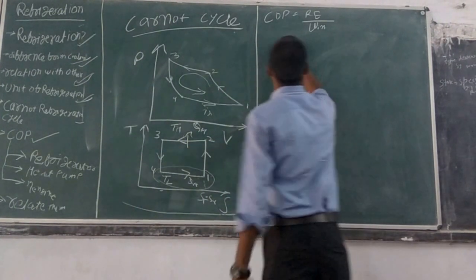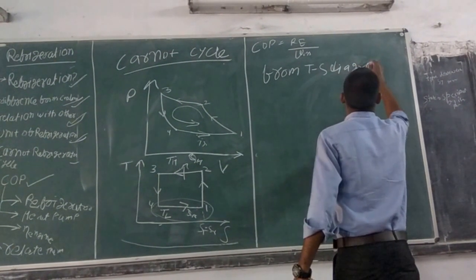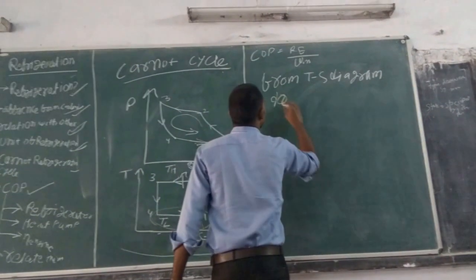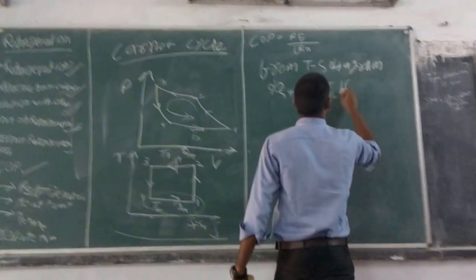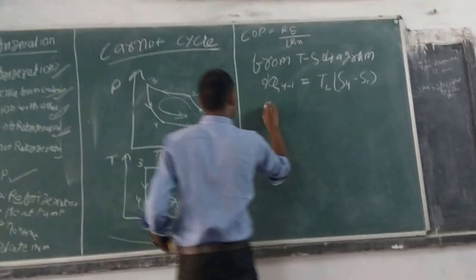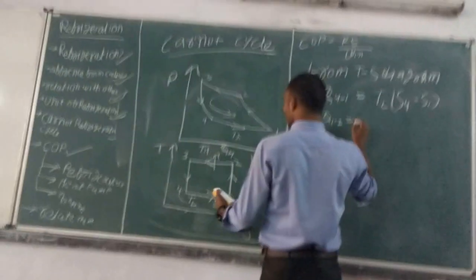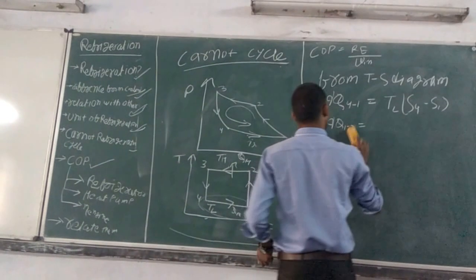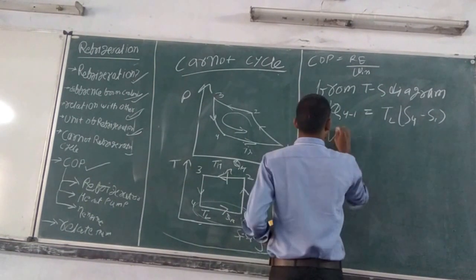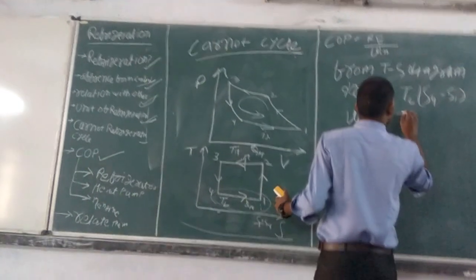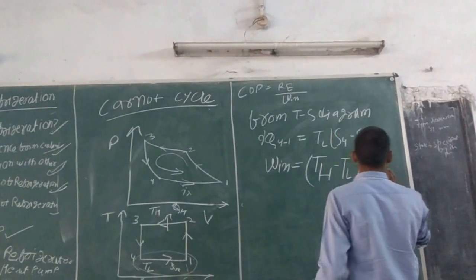From this TS diagram, dq at 4 to 1 is equal to TL (S4 minus S1), and dq 1 to 2 is equal to, for this W input, (TH minus TL) (S3 minus S2).